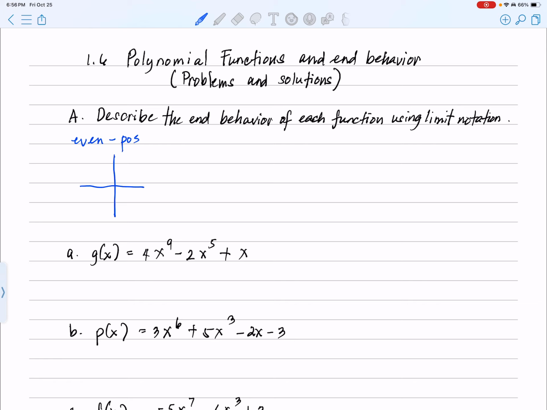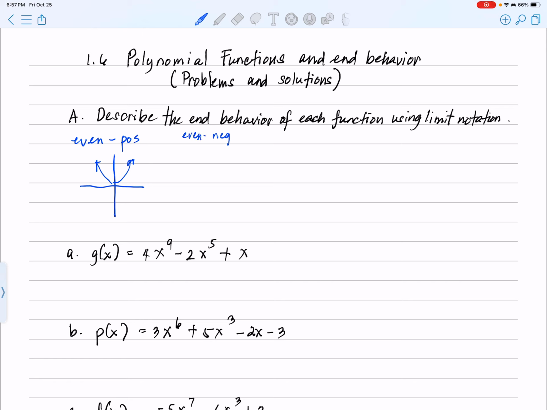So if the left side rises up, the other also rises up. Okay? Now for even and negative.